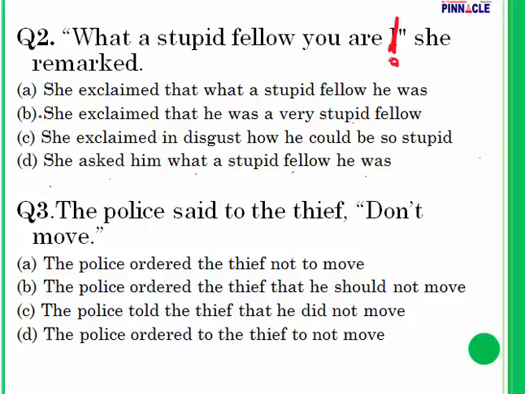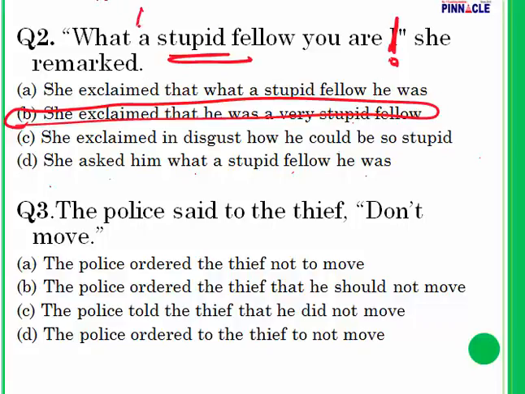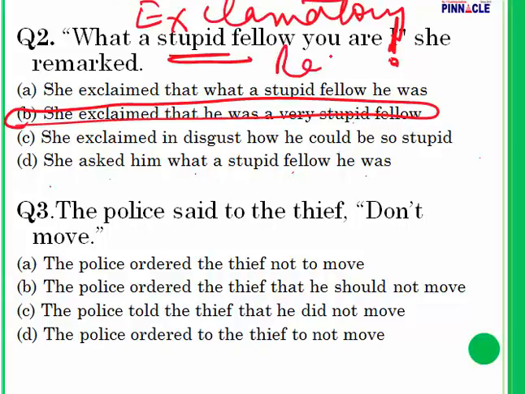In question number 2, first, let me tell you what the answer is. My answer is going to be B. And now I will discuss with you why A is not the answer, why C is not the answer, and why D is not the answer. If you look at option A, she exclaimed that what a stupid fellow he was. What kind of a question has been given to us? We have been given an exclamatory reported speech, right?